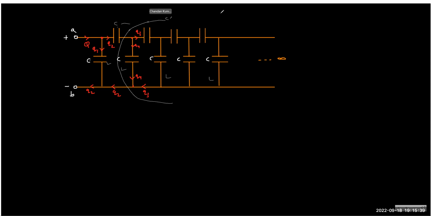Correct? So what can you write as the answer? C equivalent equals C, the C here is in parallel with these two combination, right? And these two are in series actually.